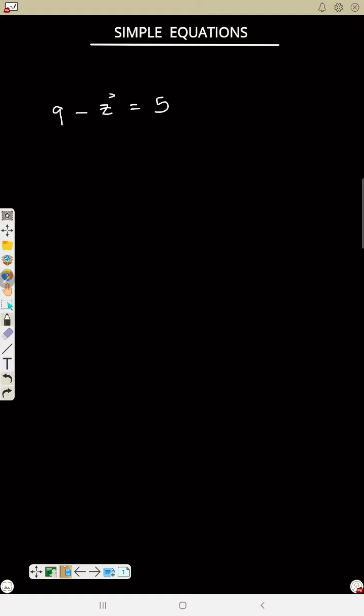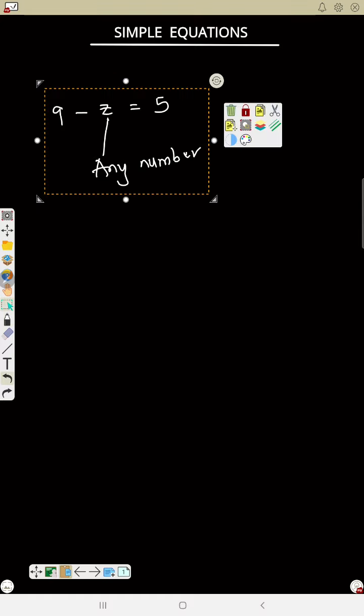That is, we don't know the meaning of z here. So if z is any number, when it is subtracted from 9, the result is 5. Now let me write everything out one by one, then you will do your own.